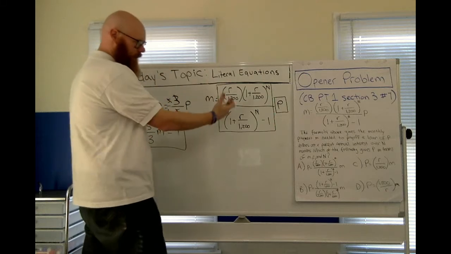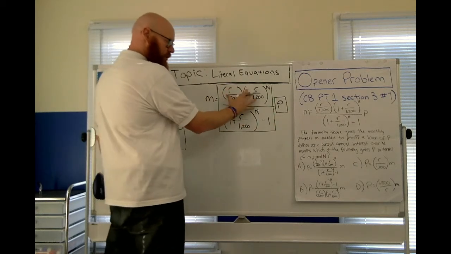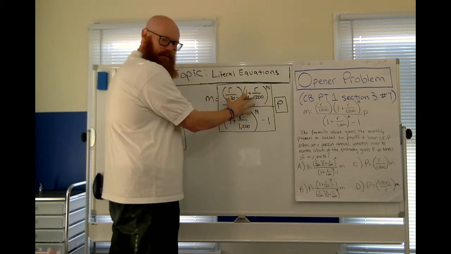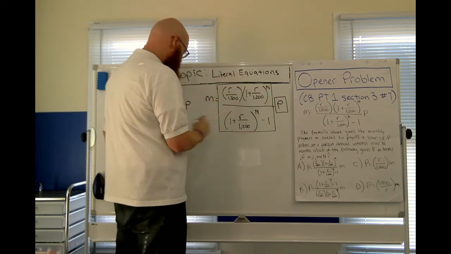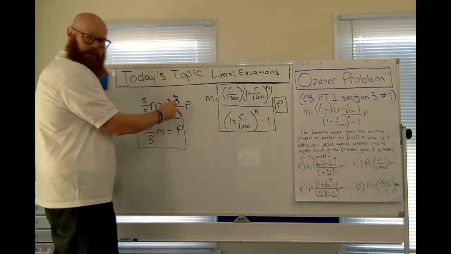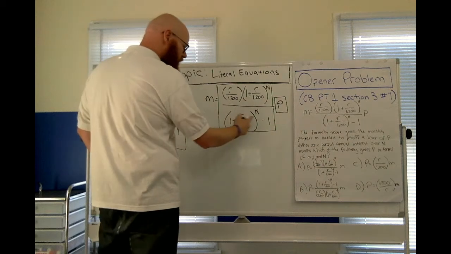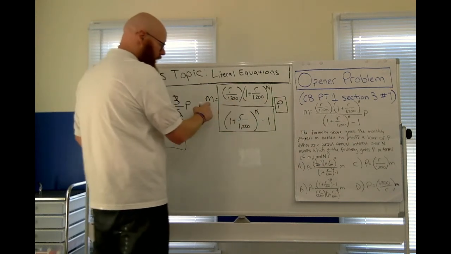So for the sake of space, let's just say I multiply this side by this fraction and that goes away, just as it did over here, the same exact concept. Then the other side just becomes the reciprocal of this fraction times n.